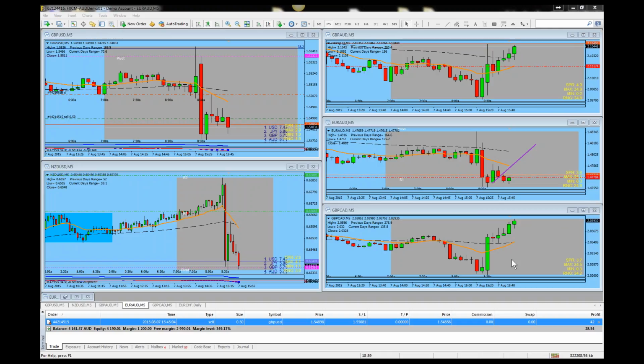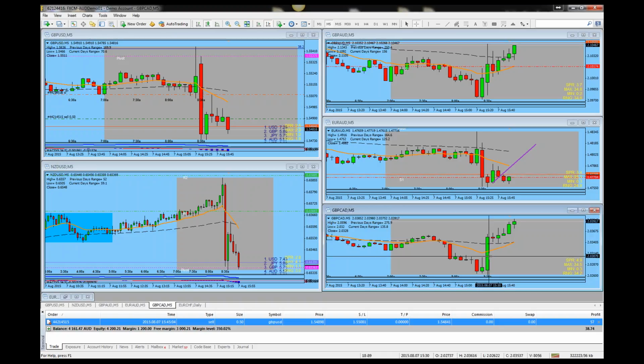Pound CAD's moving pretty nicely. That didn't have much of a pullback. Oh, the spread went to 34 pips. So this chart isn't as nice as it looks.